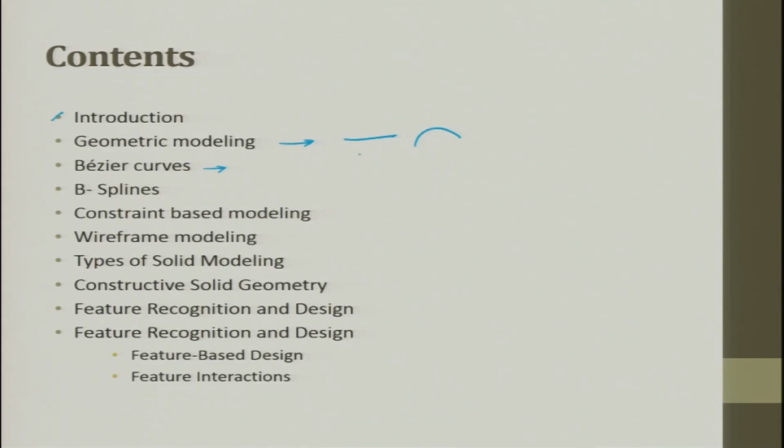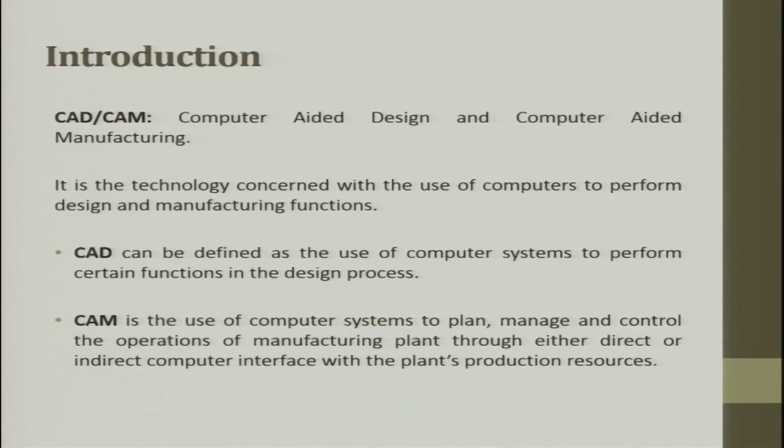First we will see how to draw lines and then how to draw curves. Then Bezier curve, B-spline, then we have constraint based modeling, we will see wireframe modeling, then types of solid model, constructive solid geometry, feature recognition and design, wherein we saw feature based design and feature interaction. So, these are the contents which we will try to cover in this lecture on CAD and CAM.